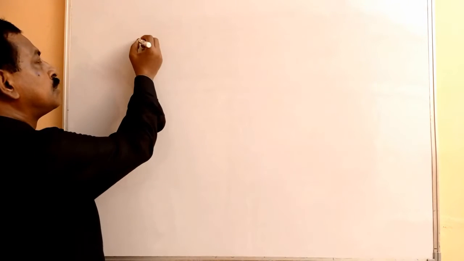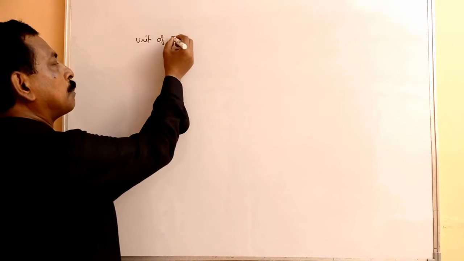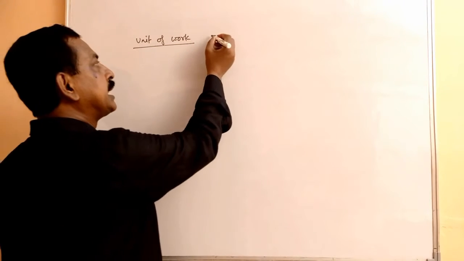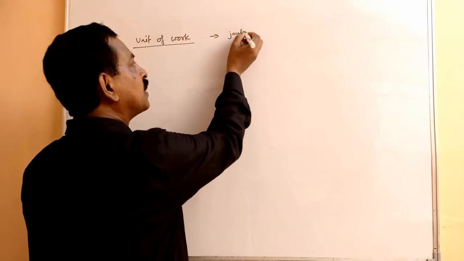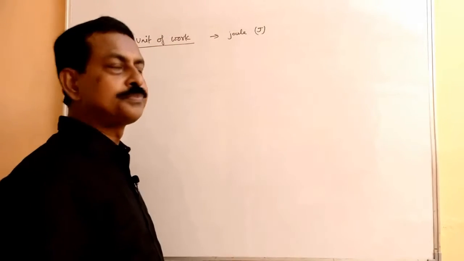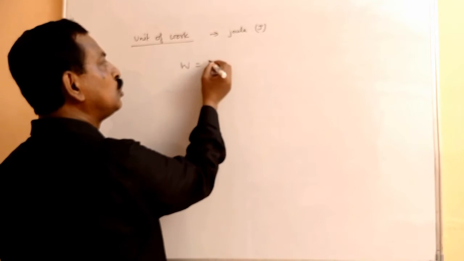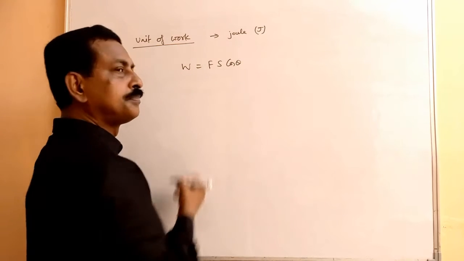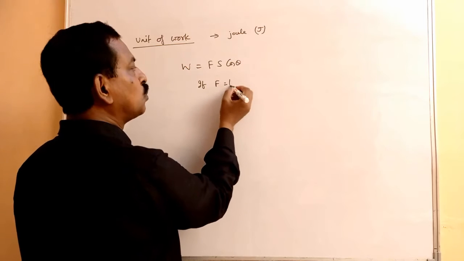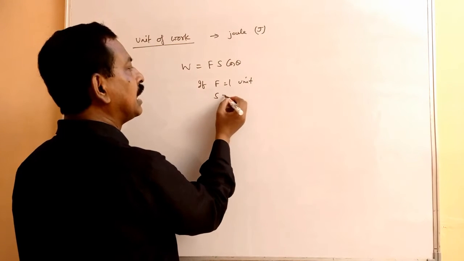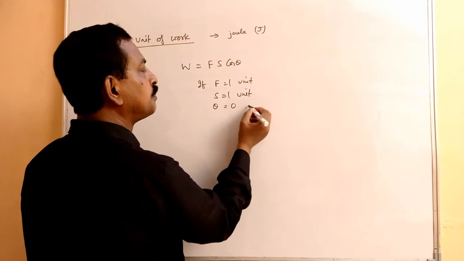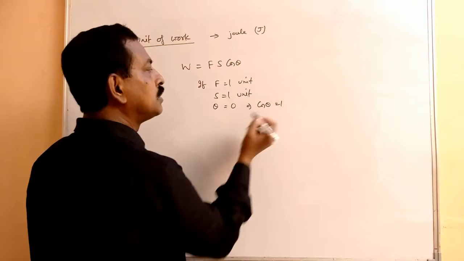What is the unit of work? Unit of work we take as joule in the SI system. Now, how do we get that? W is Fs cos theta. So if we consider that F is 1 unit, s is 1 unit, and theta is 0, that means cos theta is also 1.